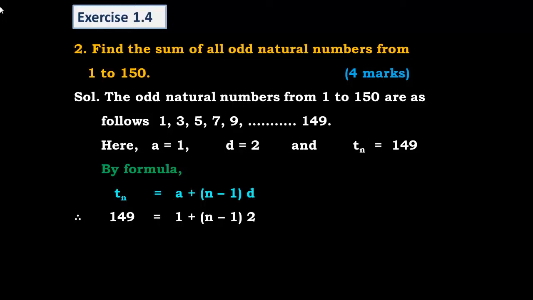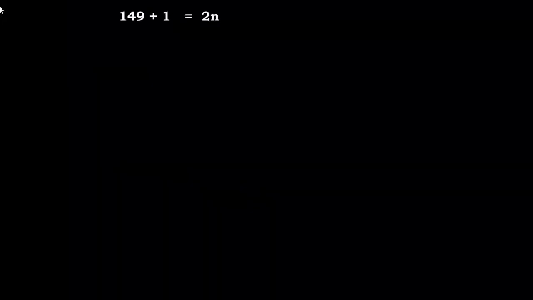So 149 is equal to 1 plus 2n minus 2. So 1 minus 2 is minus 1, and that minus 1 becomes plus 1 on the other side. So 149 plus 1 is equal to 2n, 150 is equal to 2n, so n is equal to 150 upon 2, that is 75. So we have n as 75.